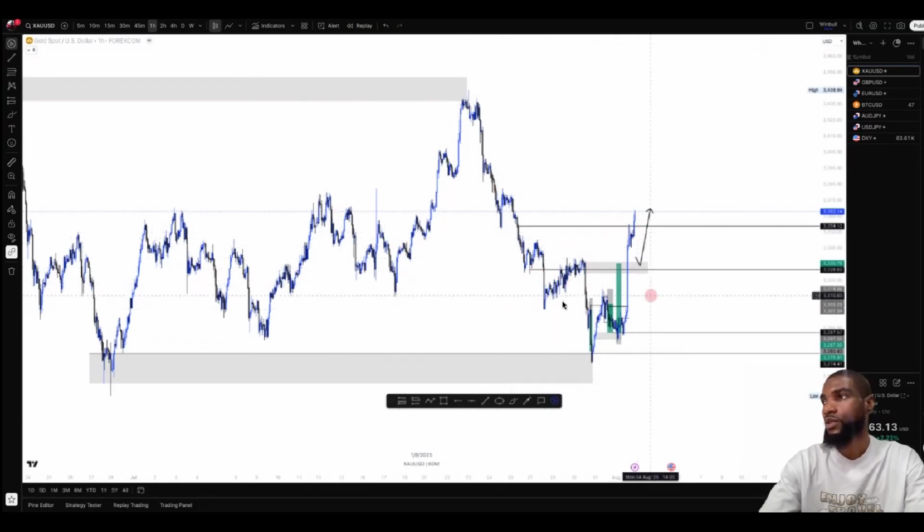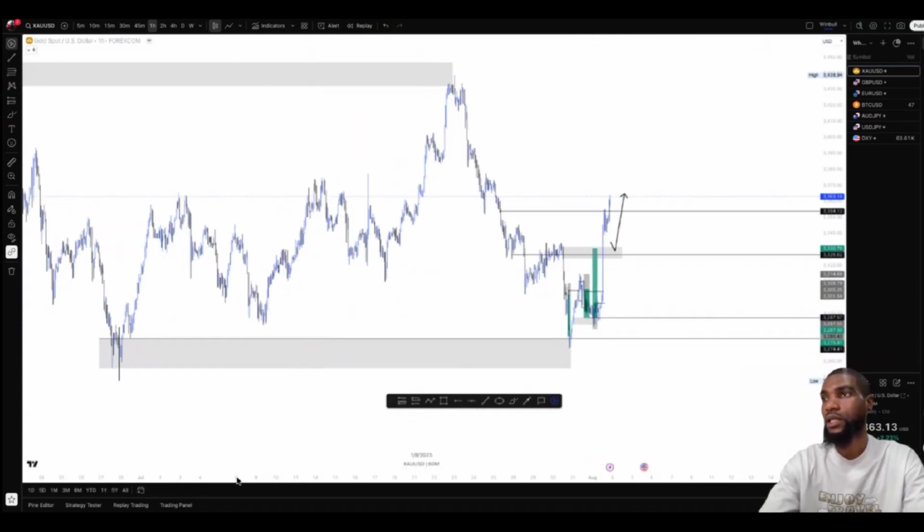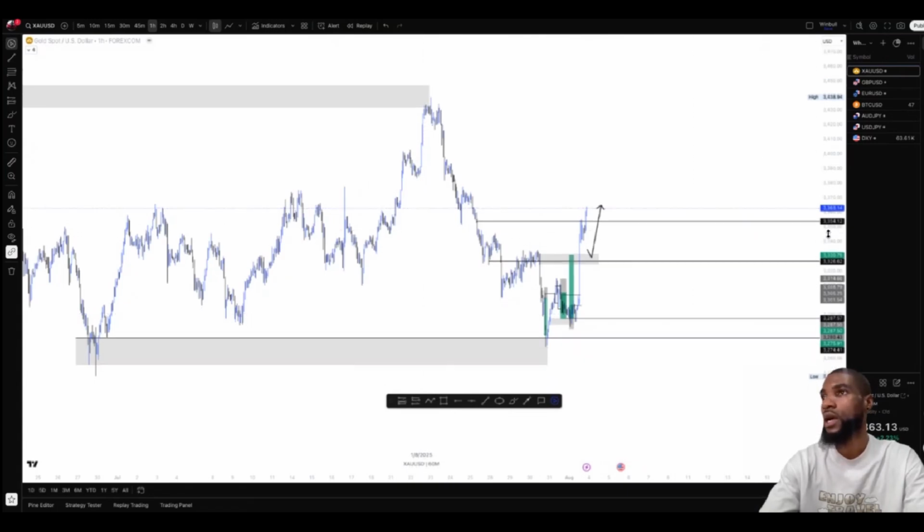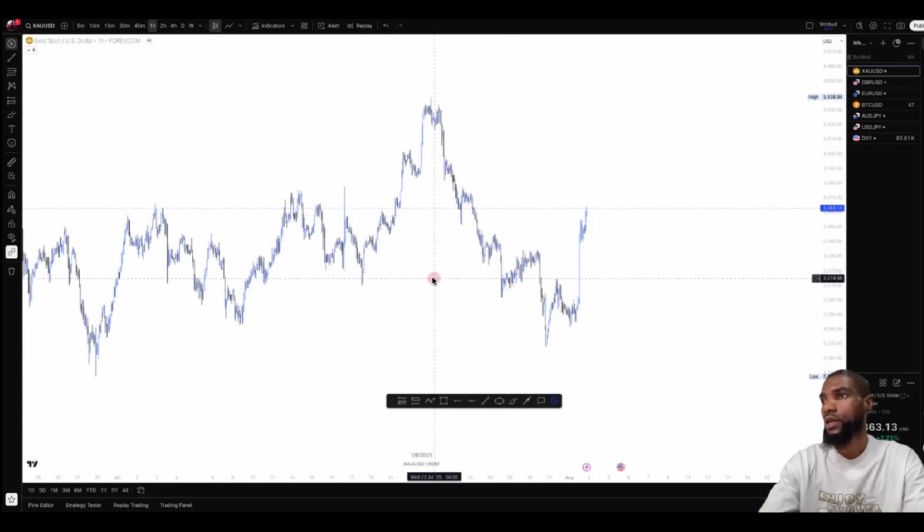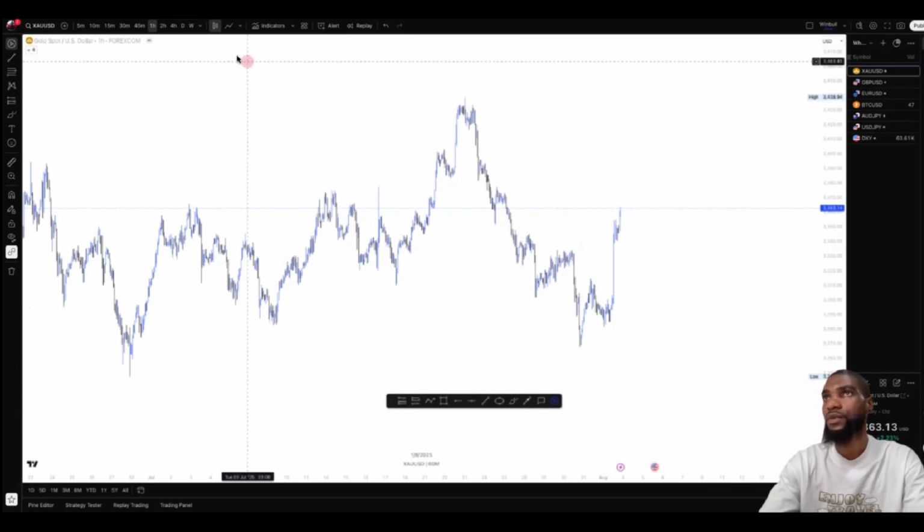So first of all, I'm going to clear off this chart, and then I'll show you guys how I arrived at these trades, right? We are going to be doing back testing together, and I'm going to show you guys how I usually analyze the charts and how I come about these trades, right? So I'm going to clear everything off and go to the weekly time frame.